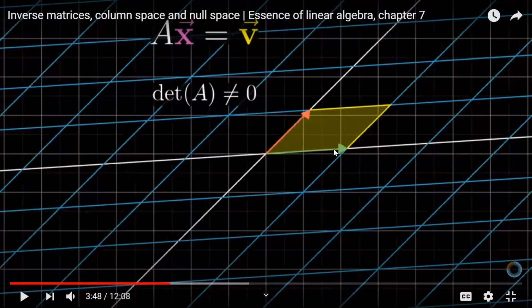Once the area becomes zero, it tells you that the determinant of that matrix is zero. So if the determinant is zero, we will end up from a 2D grid to just this 1D grid. We don't call it a grid at that time, we call it just a line.